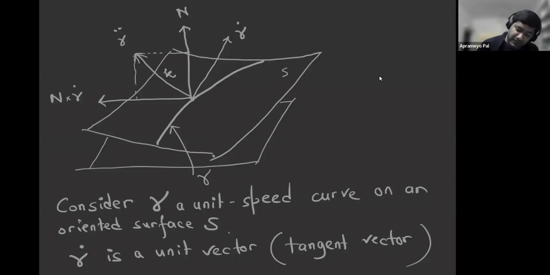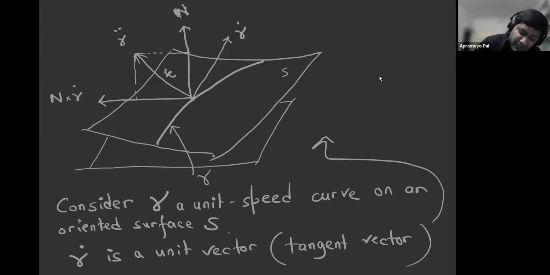And let me continue here. Since gamma dot is a tangent vector, and if we consider the unit normal n, n is perpendicular to gamma dot, right?